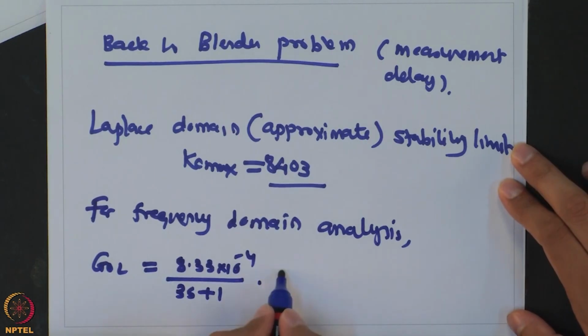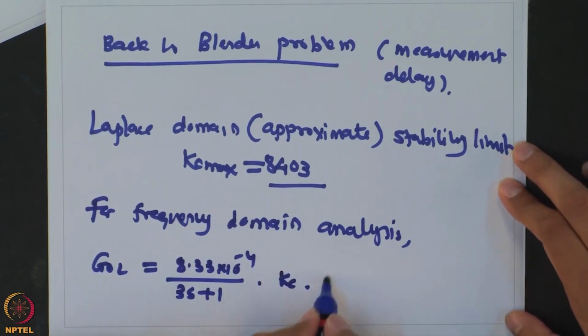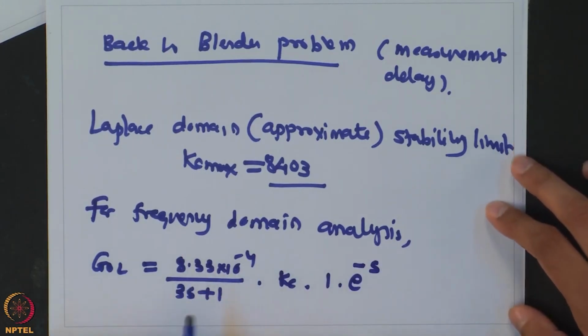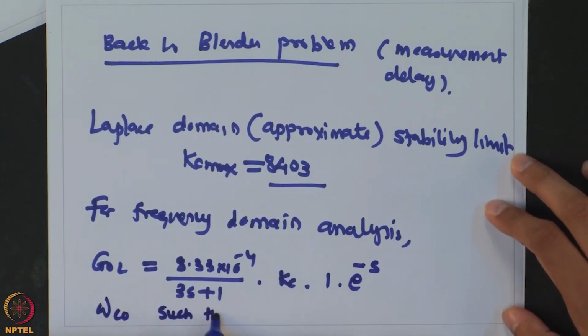So, this is GP into GC is Kc, GV is 1, and this is e raised to minus s. So, it is more or less like a first order plus dead time system. You can compute omega crossover such that phi is equal to minus pi.